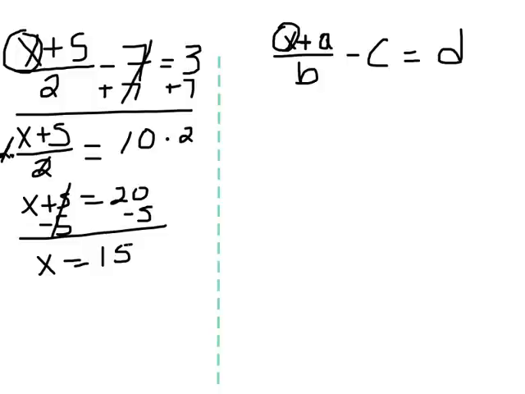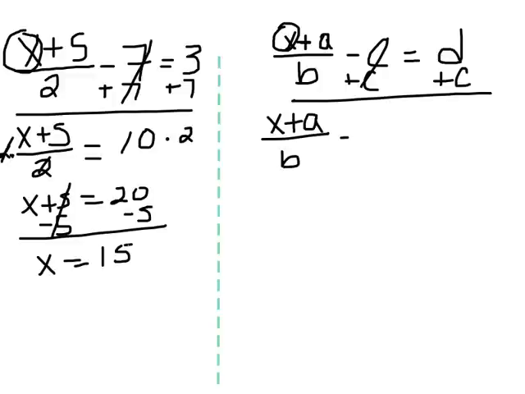Same process over to the right. What's going on to x? I'm adding A, dividing by B, subtracting C. So let's do it in reverse order. I'm going to say plus C. So I have x plus A over B equals D plus C. Can't do it, so just write it down.